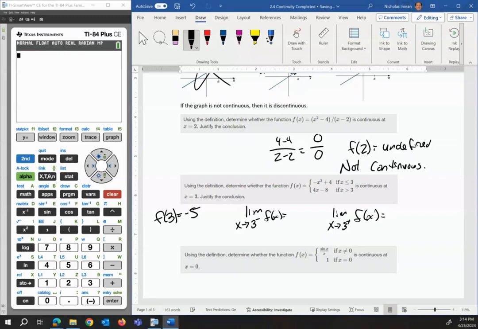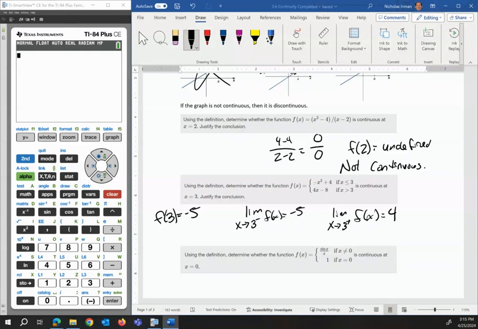As we approach from the left, that's when x is less than 3. We do get that same thing. That piece of the piecewise function is continuous. It's a quadratic, so that's going to be that same negative 5. But on the right side, when x is bigger than 3, if we try to plug in 3 here, because that's a linear equation, that's continuous, 4 times 3 is 12. 12 minus 8 is 4.